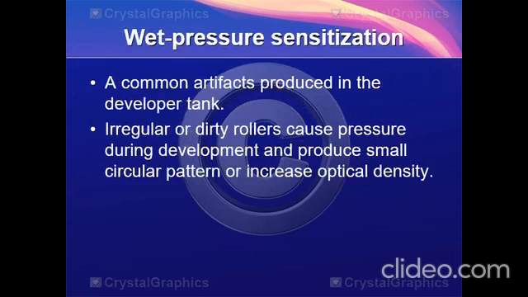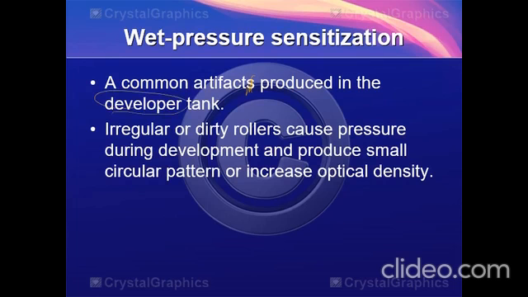Next is wet pressure sensitization. A common artifact, mali na naman yung grammar, a common artifact produced in the developer tank. So, nangyayari siya in the developer section of the automatic processor.